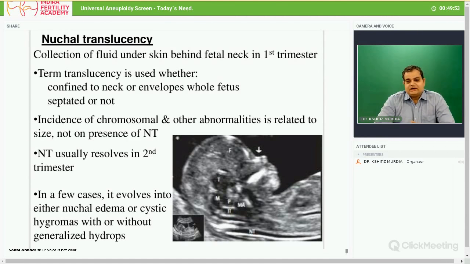Suppose a patient has gone for the scan and the NT has come out very high, and she comes back to us after some time, we repeat the scan, and we find that the NT has now reduced. It doesn't mean that the baby's risk for aneuploidy has gone down. The baby is still at risk, because in aneuploidy babies the NT does resolve in the second trimester. In a few cases, it may evolve into either nuchal edema or increased nuchal fold thickness or cystic hygroma or even generalized hydrops.